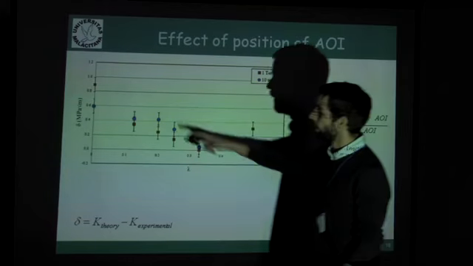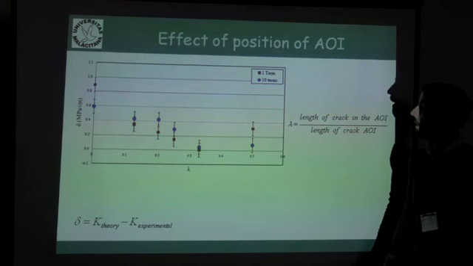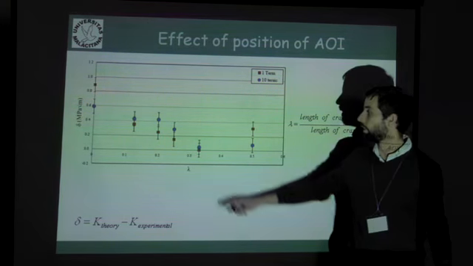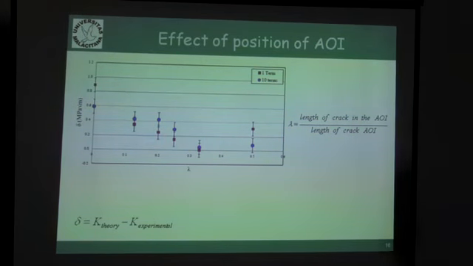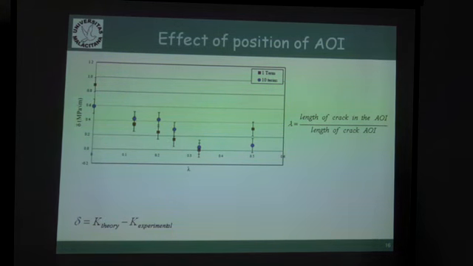Again, we are showing the difference between the theoretical and the experimental. We can see that the best predictions are obtained for lambda roughly 1/3, so 0.33 or something like that.